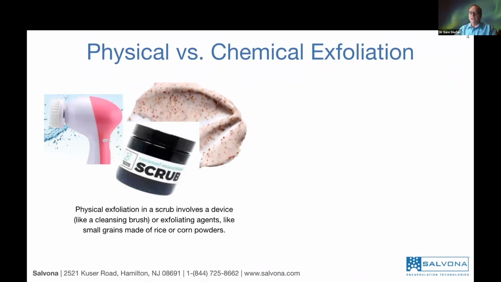It could be a device like a cleansing brush or a loofah, or exfoliating agents such as small grains made out of rice or corn, or powders added to the liquid. This is called physical exfoliation.